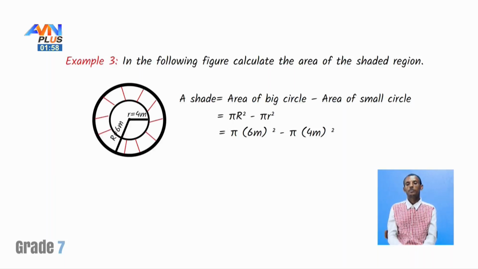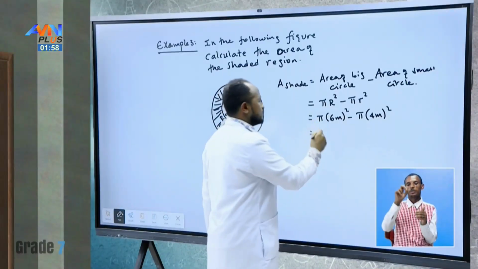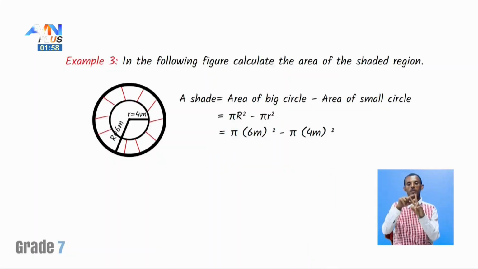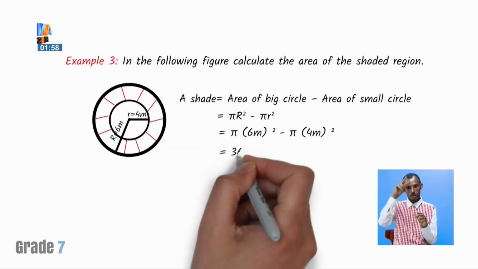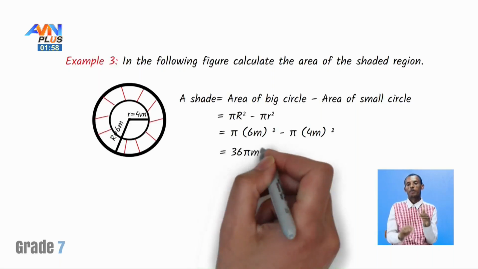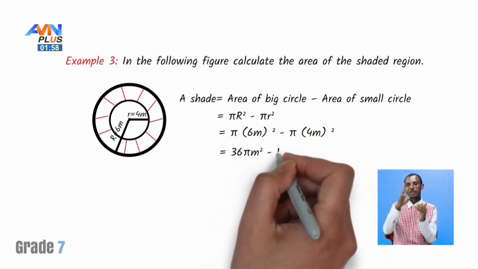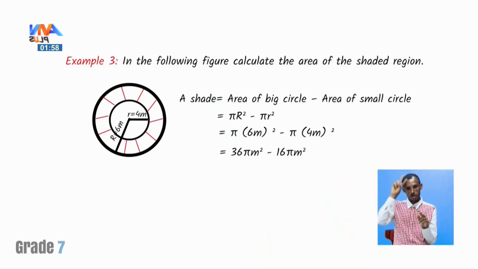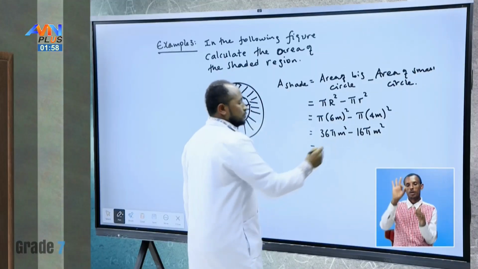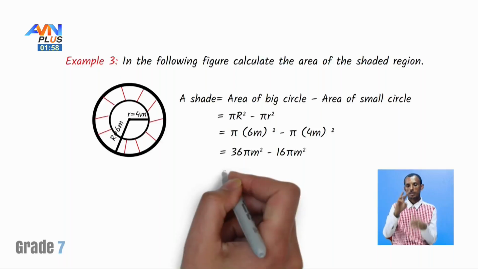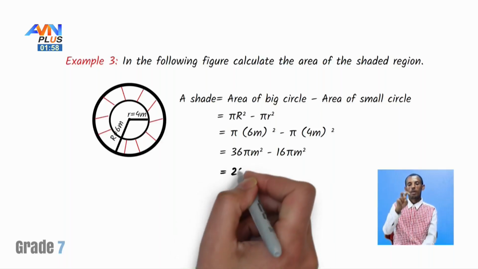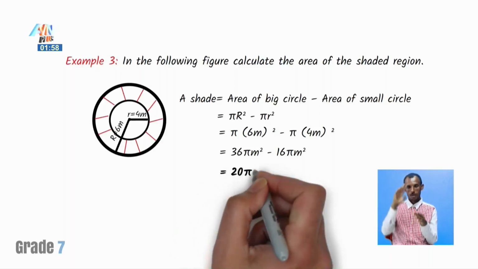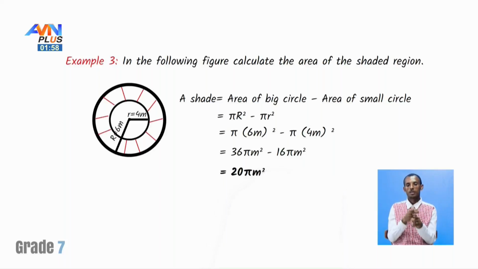That is 36 pi square meters minus 4 squared, 16, 16 pi square meters. When you subtract, 36 pi minus 16 pi is 20 pi square meters. Let's leave the answer in terms of pi. So the area of the shaded region will be 20 pi square meters.